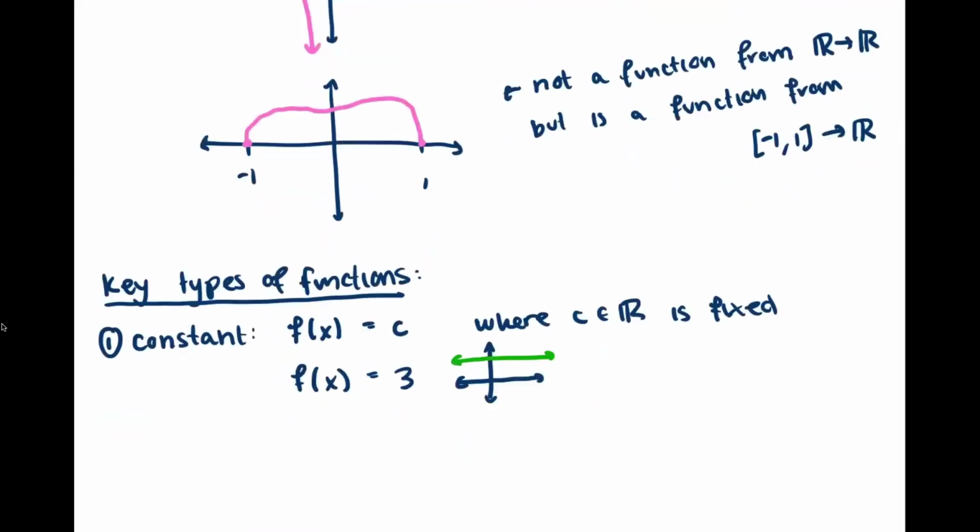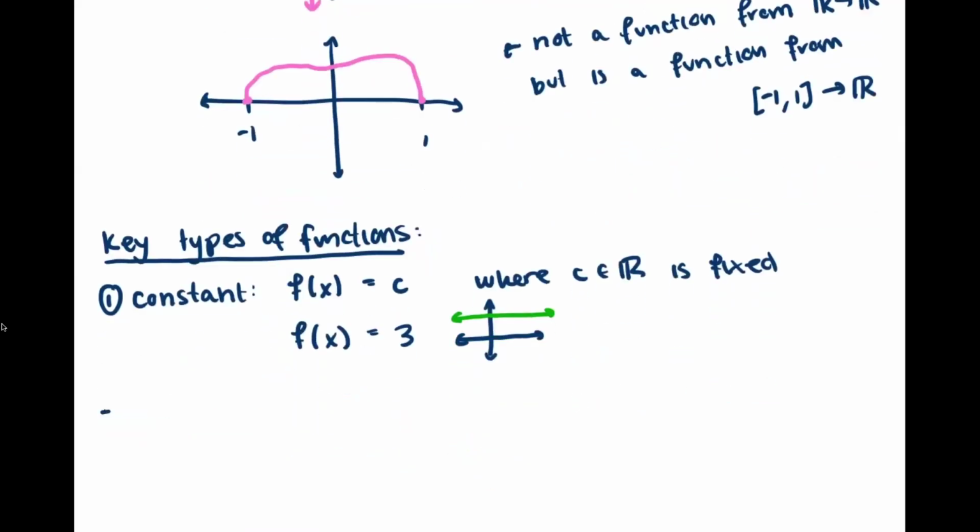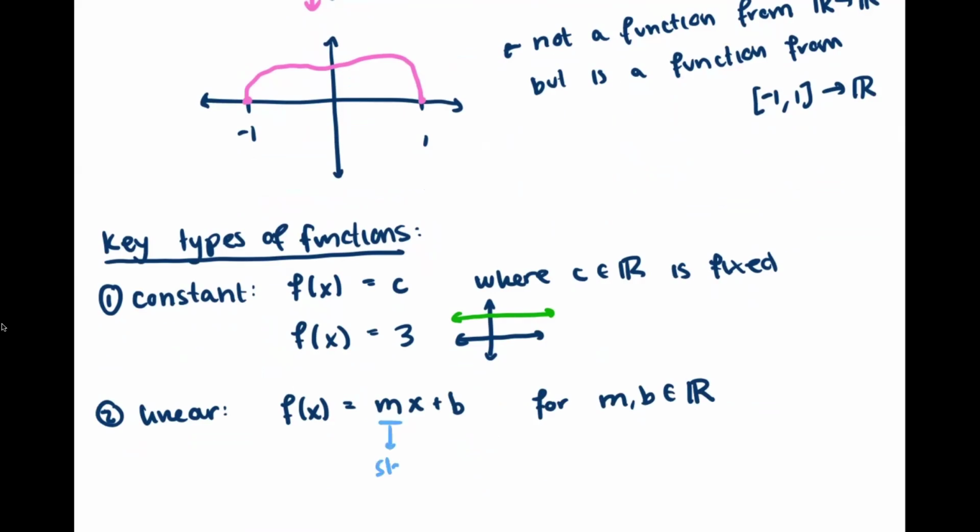Okay, other types of functions. We have linear functions. So this is something like f of x equals mx plus b, where m and b are real numbers. And the number m is your slope.